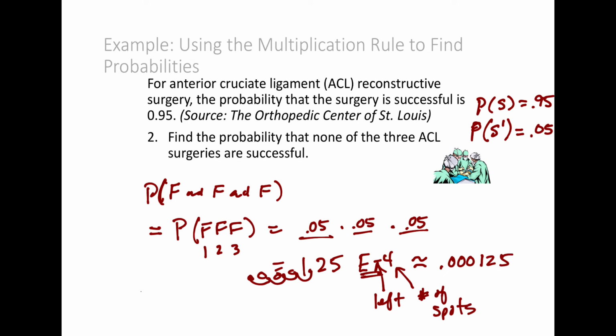This would be 1/10,000th of a probability that I would have those in a row. So very, very unlikely. If you put this into percentage terms, it would be 0.0125%. So very much less than a 1% chance of this occurring.